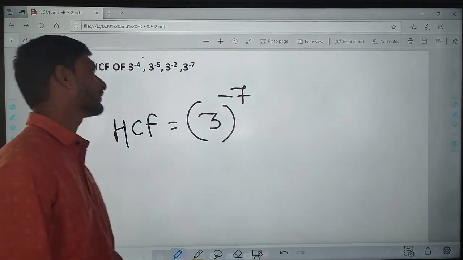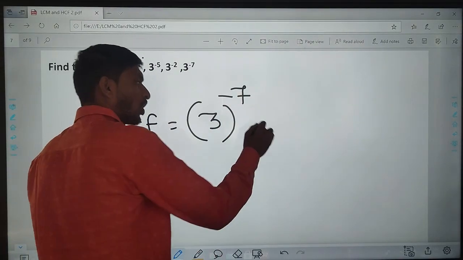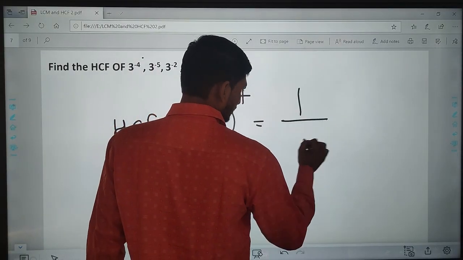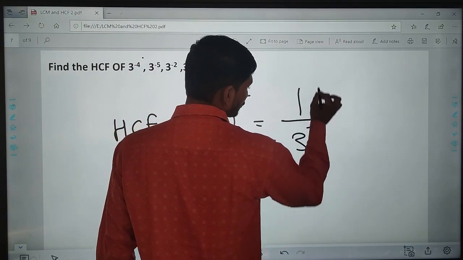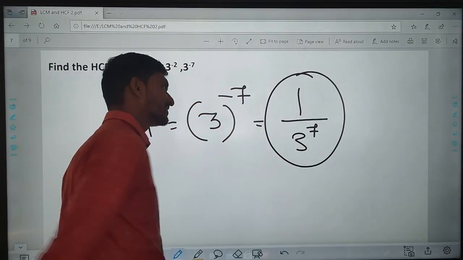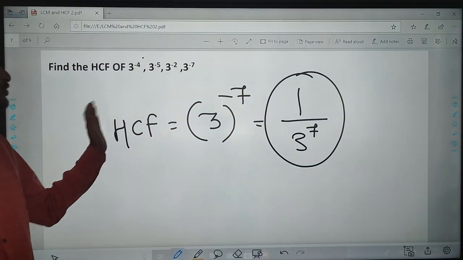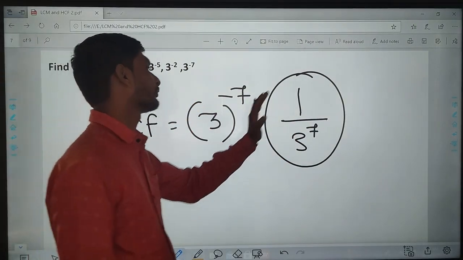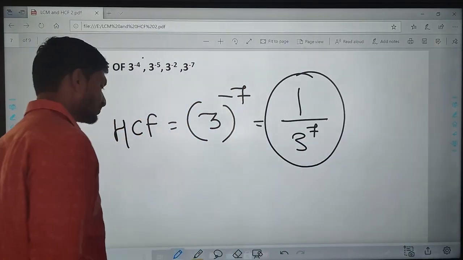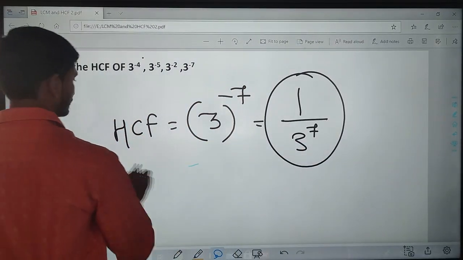Then your HCF is 3 raised to minus 7, or 1 upon 3 raised to 7. This is your answer.